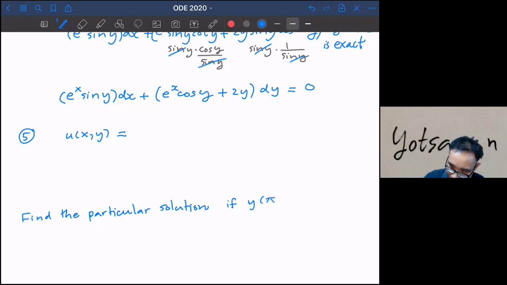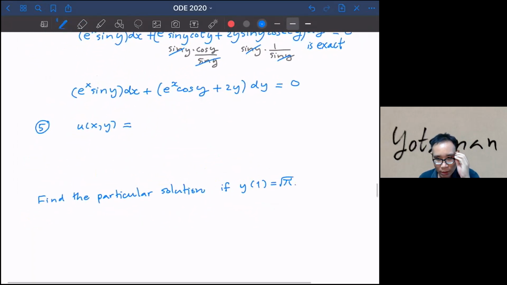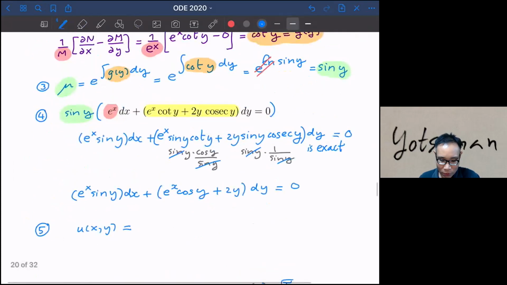If y(0) equal to pi, actually I'm going to make it more difficult: y(1) equal to root pi. So find the particular solution if I give you further that y(1) equal to root pi. Please finish this one by finding the general solution first and then find the particular solution if you know y(1) equal to root pi for me. So this is it.